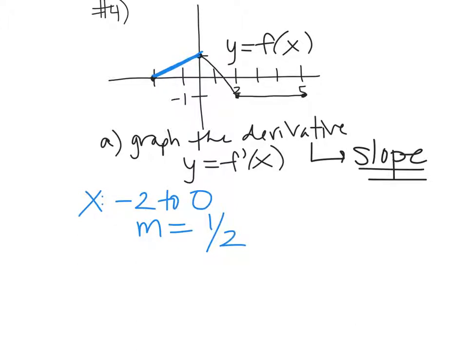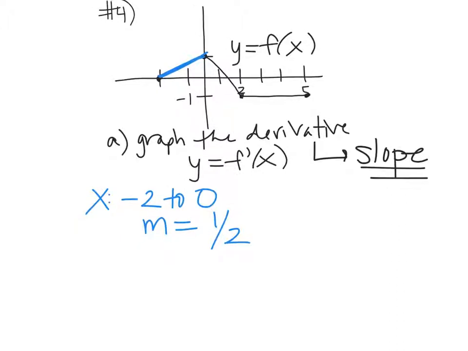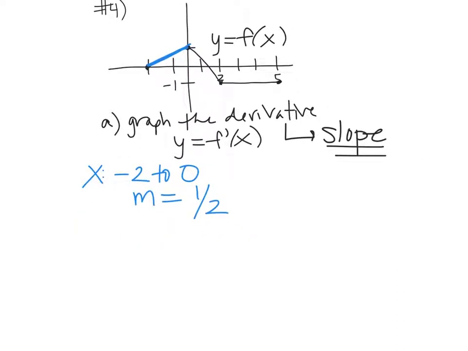You got to remember, the derivative is the slope. Okay? Slope of the tangent. This slope is constant because it's a line. Now, there's going to be one derivative, but multiple parts of the graph. Now let's look at the next part. X is from 0 to 2. So this part right here.